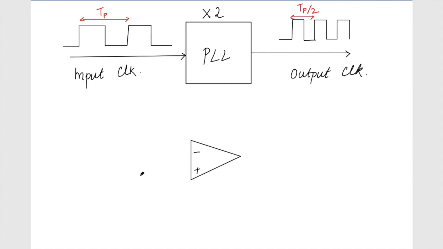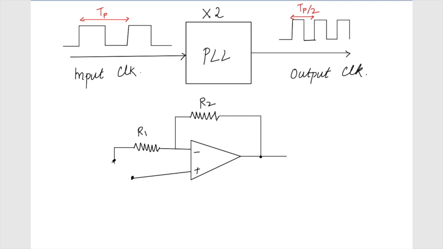In the introduction to electronics classes, we must have learned that if I have negative feedback, with this R1, this R2, ground, this is my Vin and this is my Vout, this is a non-inverting amplifier, and Vout by Vin is given by 1 plus R2 by R1.